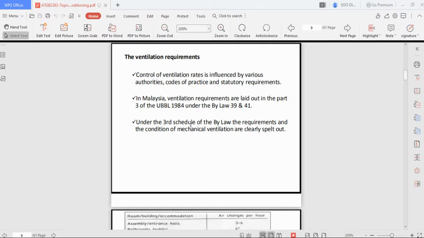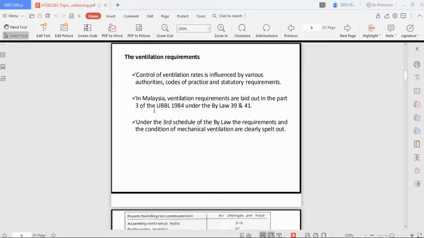In Malaysia, ventilation requirements are laid out in Part 3 of UBBL, the Uniform Building By-Law. If we are in construction, UBBL is basically like the Holy Bible of construction.